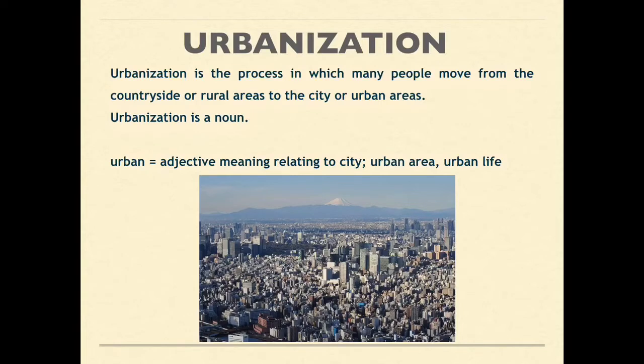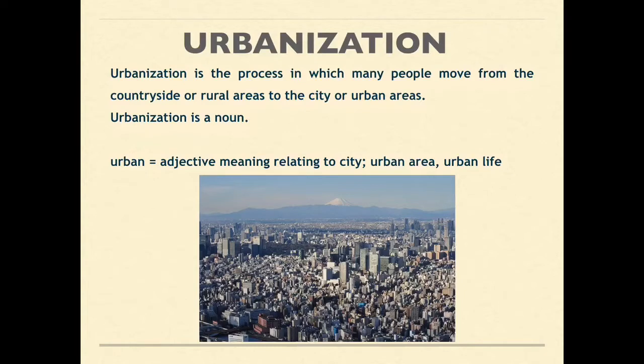Perhaps the easiest way to understand the word urbanization is to break it up into parts. Beginning with the root, as we did with globalization, we can understand the word a little easier. Urban is an adjective meaning relating to a city. We have expressions such as urban area and urban life.